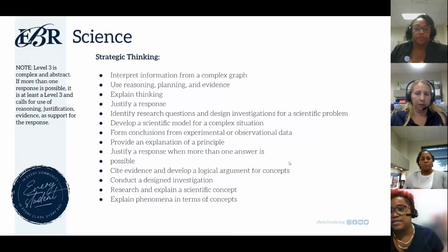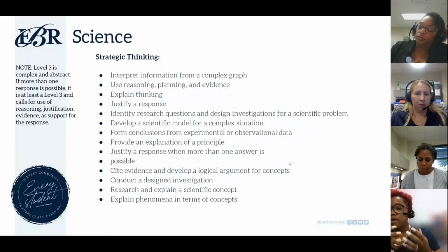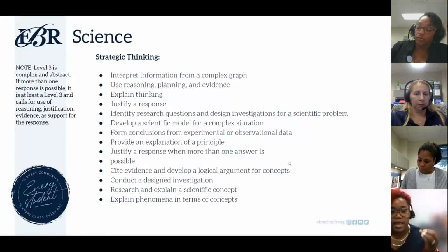When we get into that deep level of level 3 of strategic thinking, which is where we want to be, we're looking at interpreting information from a complex graph, using reasoning, planning, and evidence. Again, those words: reasoning, evidence. Explaining your thinking, justifying a response, not just giving me a response, but why is it that response?